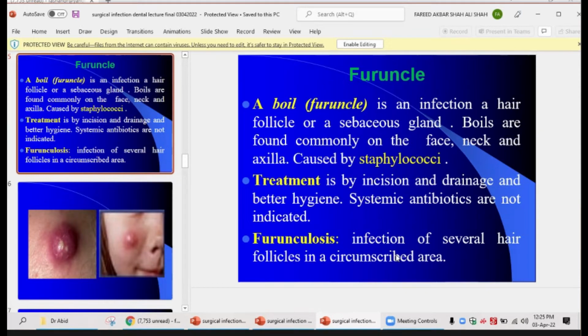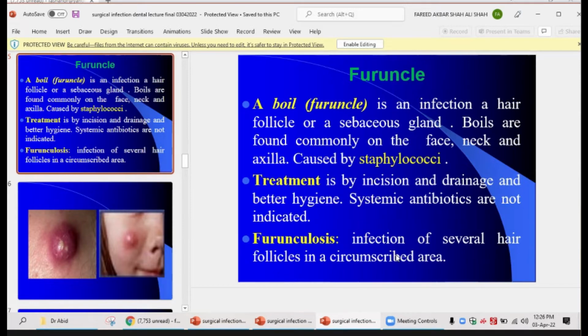When a boil is formed, meaning a very small pocket of pus, it is treated by puncture or by incision and drainage and better hygiene, and systemic antibiotics are usually not required in such cases.